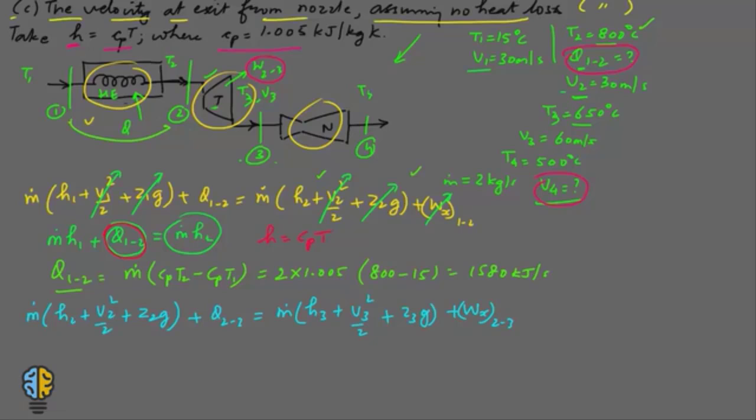Now q23 is completely 0 because we are taking an insulated case, or you can say no heat loss is being taken, and Wx23 is to be found out.